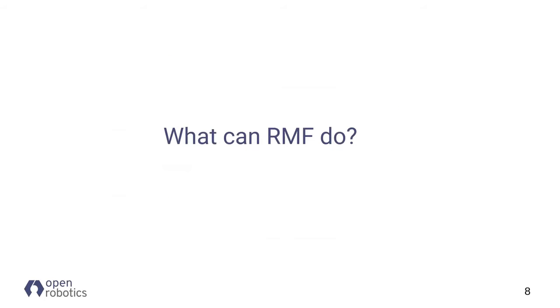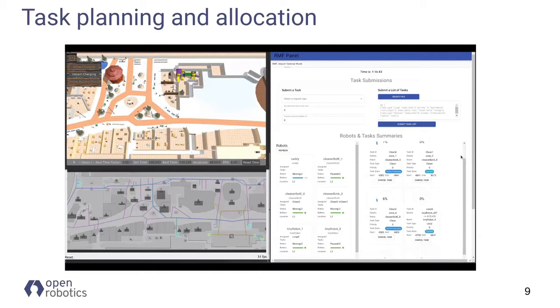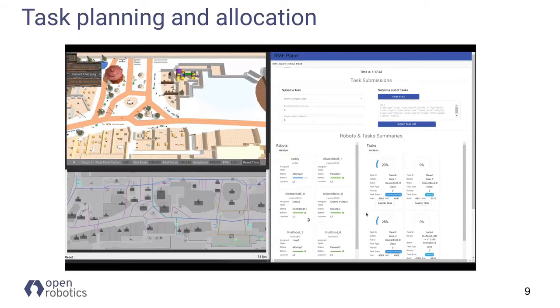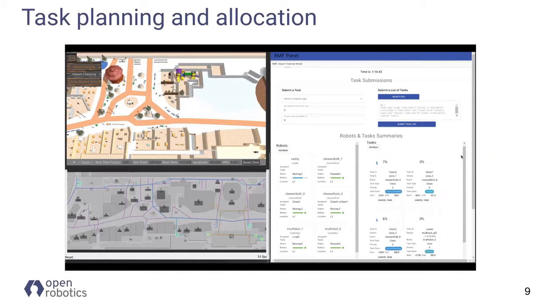So what can RMF do? Let's see what we can do with this piece of software. RMF can do task planning and allocation. We have a panel where you can submit a task, and RMF will allocate a certain robot to fulfill your task.